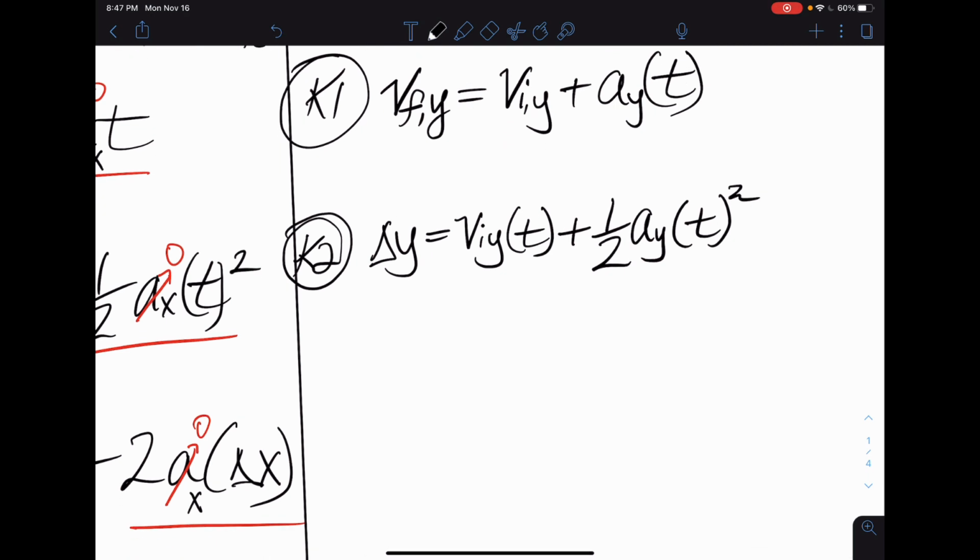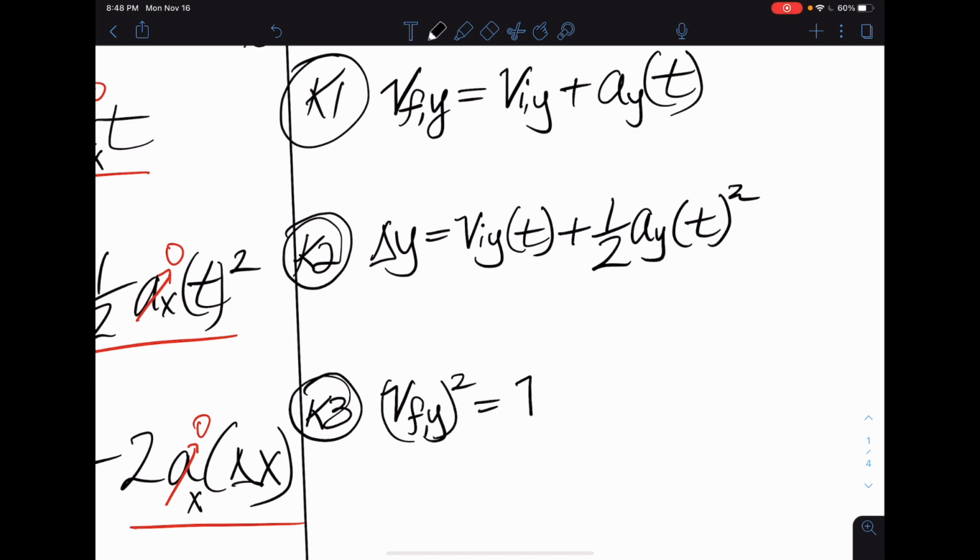Let's go ahead and get K3. K3 was VFY squared is equal to VIY squared plus 2AY times delta y.